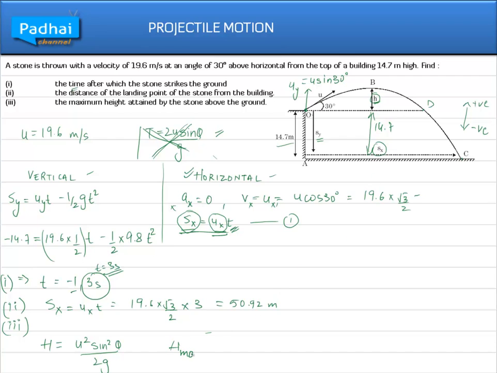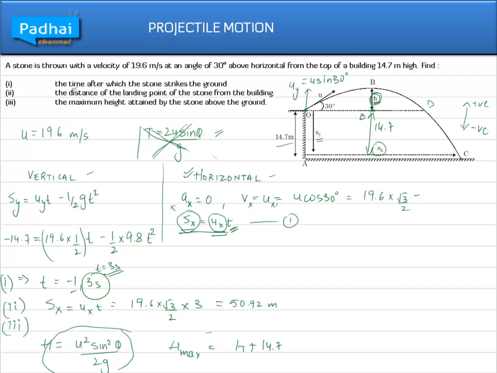H max will be equal to what? H plus 14.7, because it is saying from the ground, and the maximum height is above the horizontal. What we calculate is this part. If we apply the formula h is equal to u square sine square theta upon 2g, this will give us the value of the small h, this portion only.